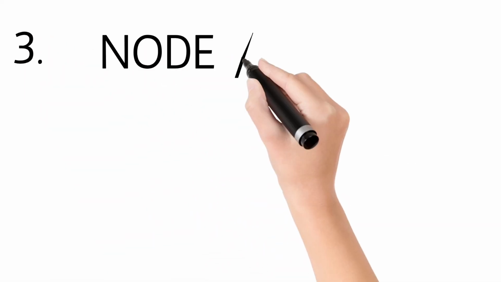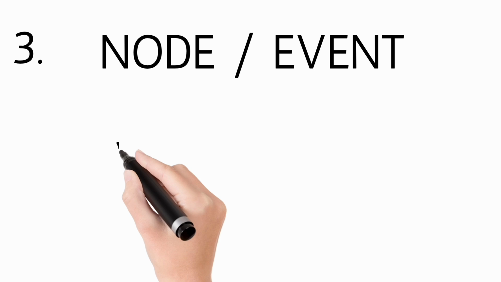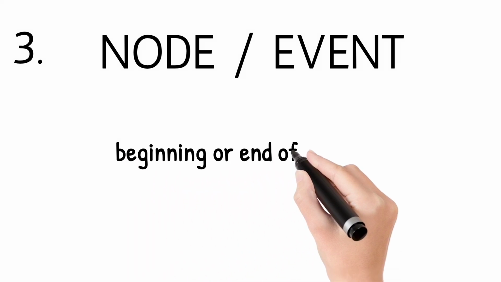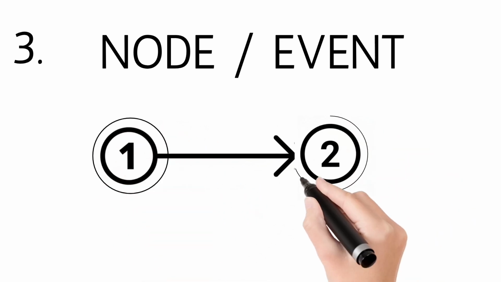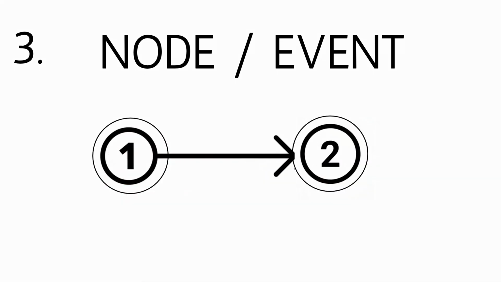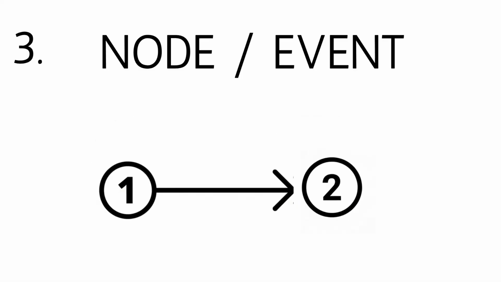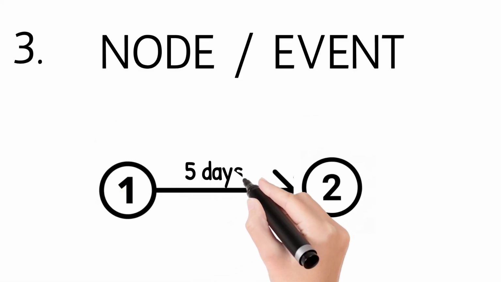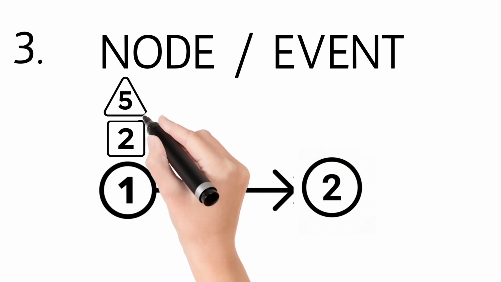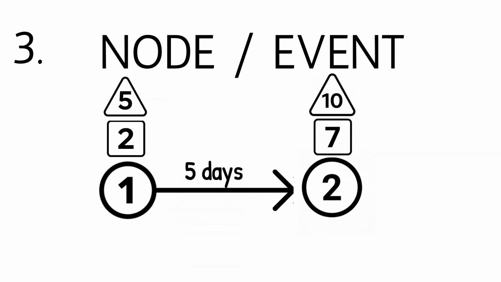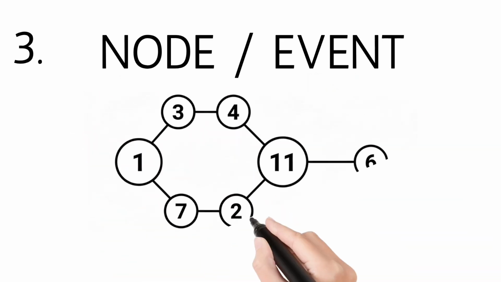3. Node or event. This is the beginning or end of an activity, represented by a number in a circle. It has details like an identifier, which is the description of the event level. Normally we use a number. Activity duration, start times, finish times, and a float. An event can be numbered randomly.